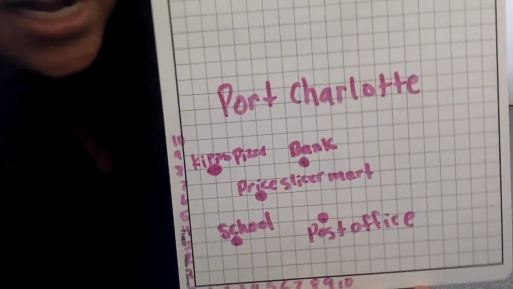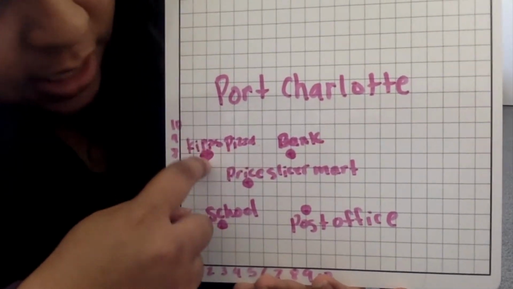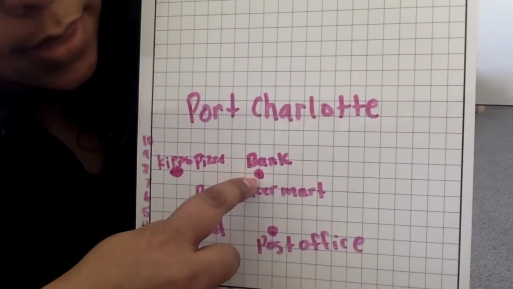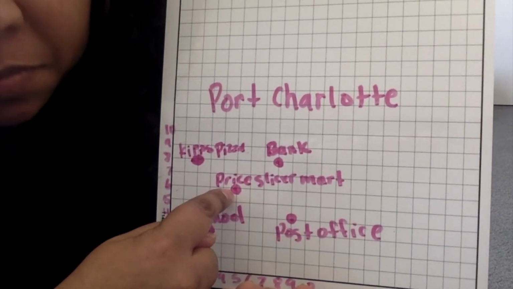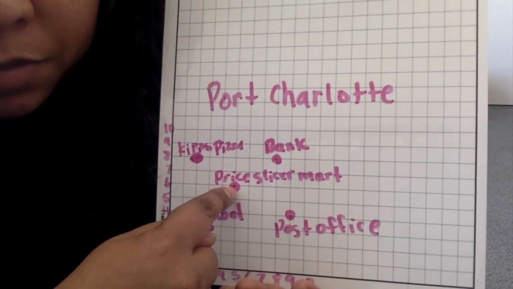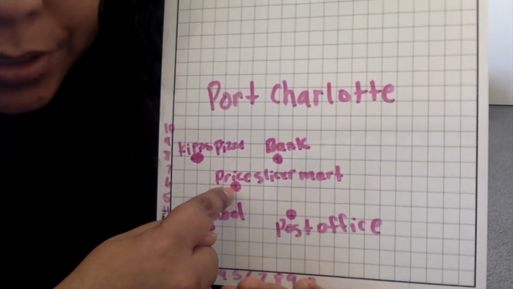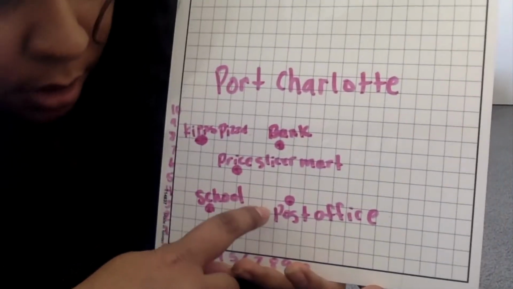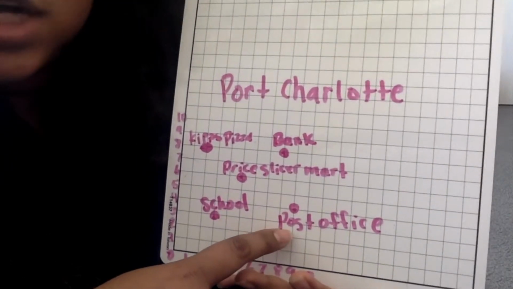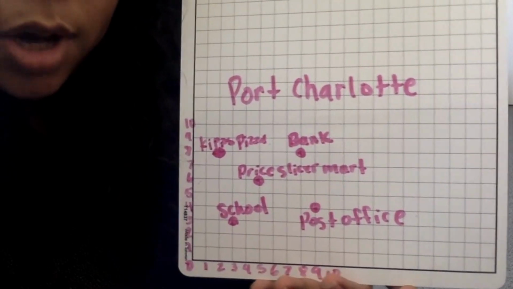So on here I see there is a Kip's Pizza place, there is a bank, there is a Price Slicer Mart, so that's kind of like a grocery mart, like Walmart or Smith's. There is a school. Here is the post office, so that's where you go to drop off or pick up mail, okay?